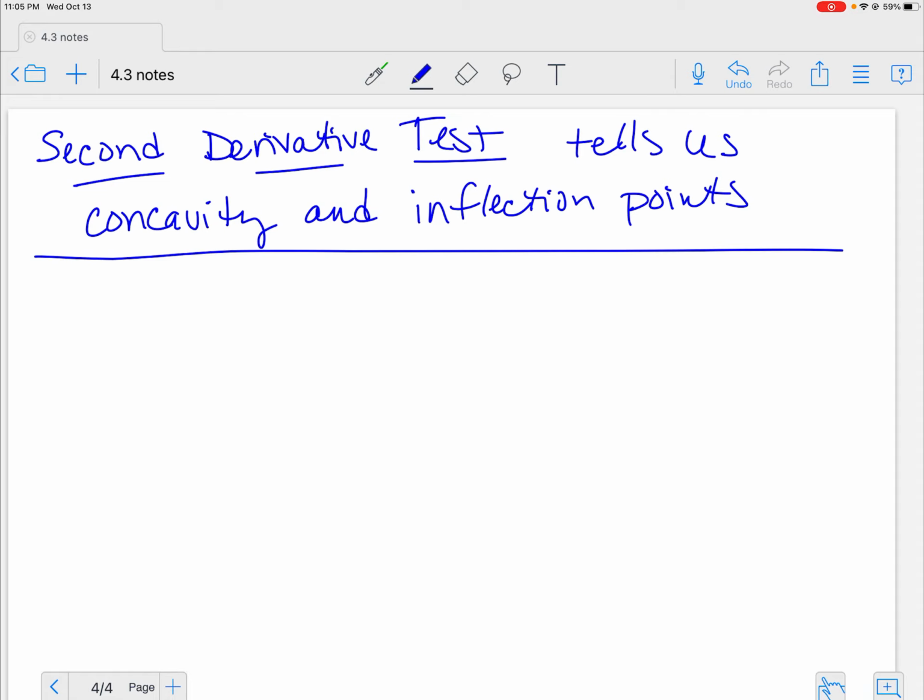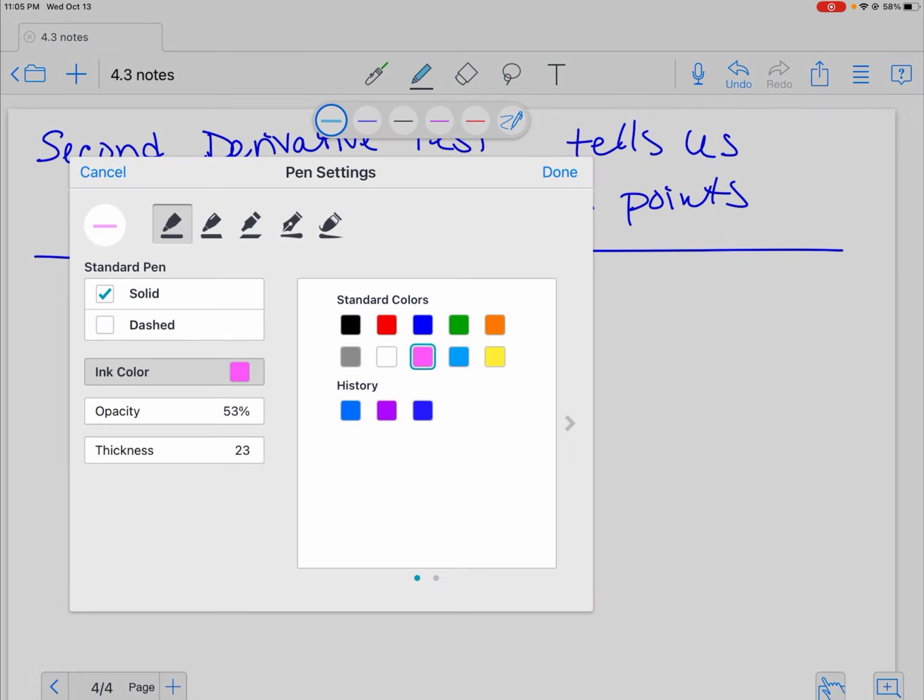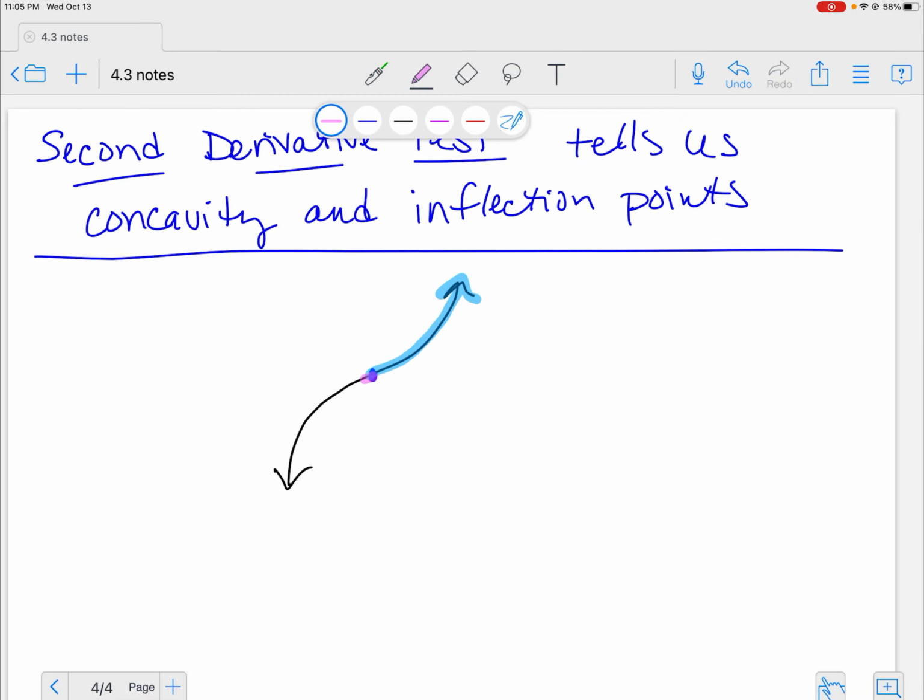All right, so if I have a graph, let's talk about what these different things are. With this graph, from here up, and from here, let's change back to pink, down.